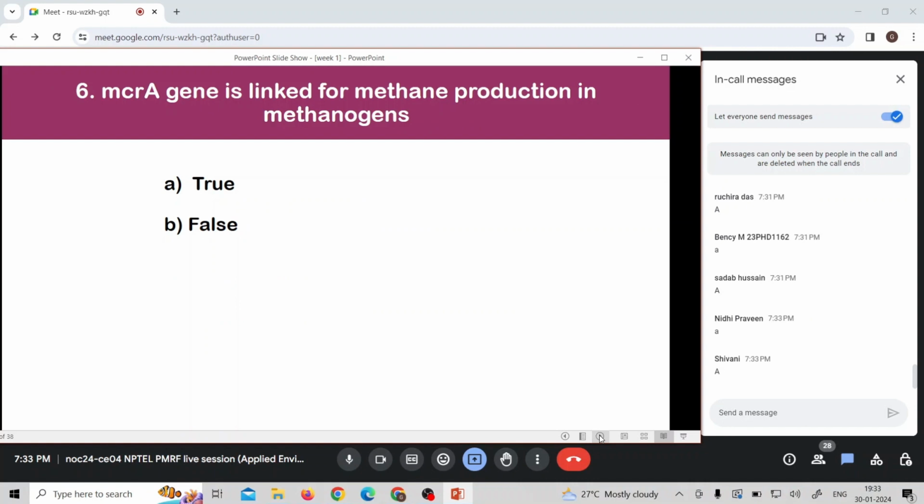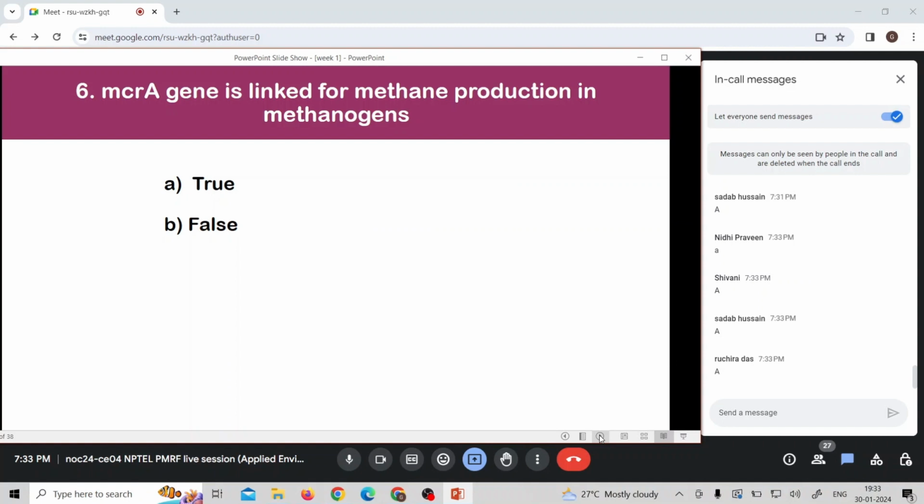If you have watched all the lecture videos, you would obviously know the answer for this question, even if you don't have any idea about how individual genes work. It's pretty simple that it's true. The mcrA gene is linked to methane production in methanogens.